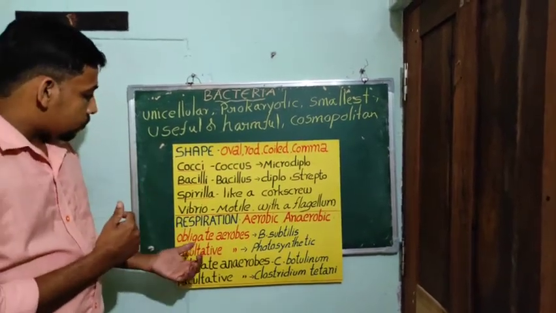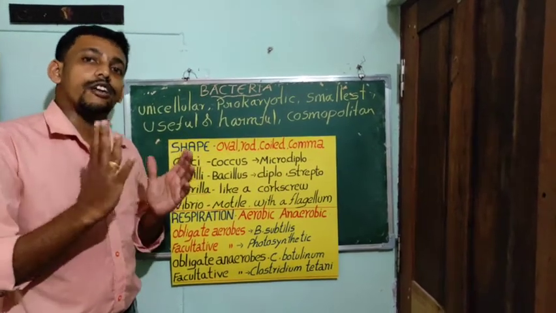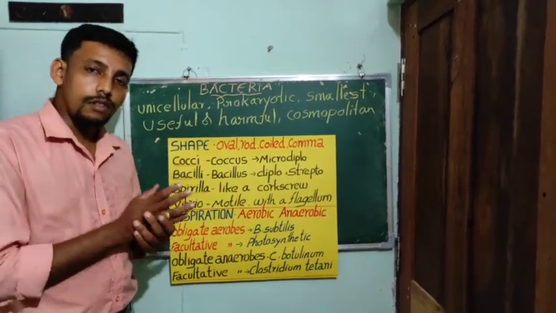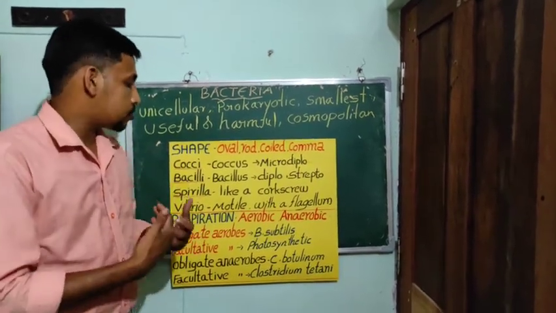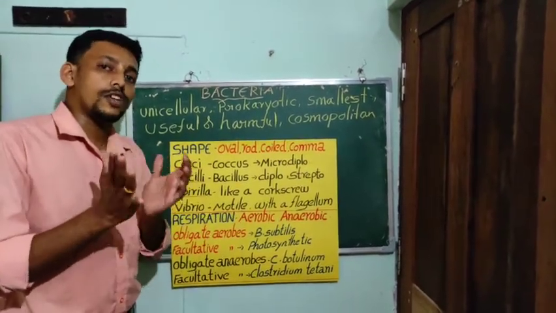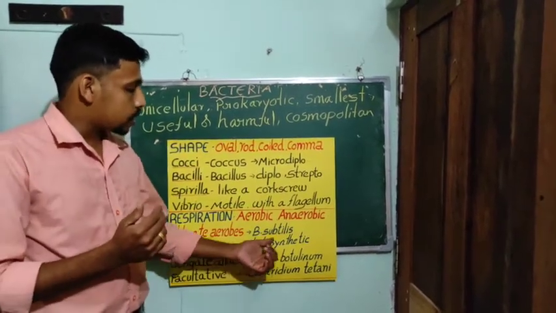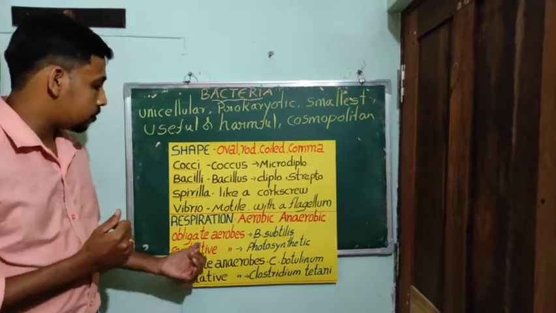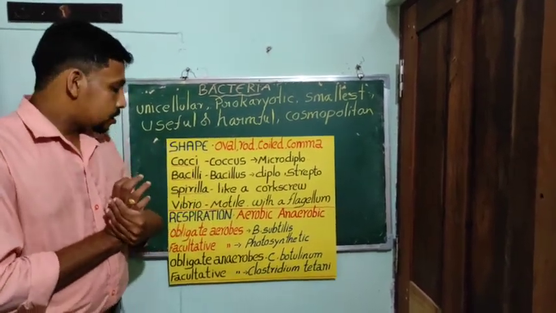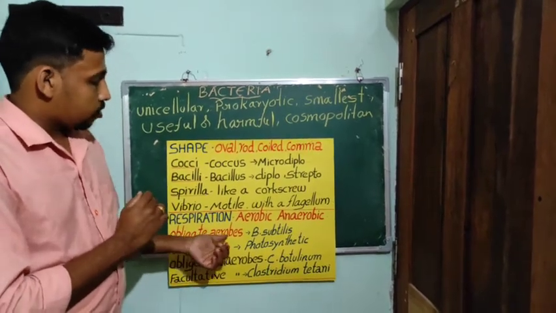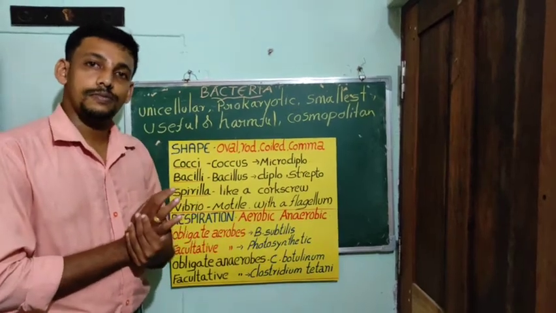But in the case of facultative aerobes, under normal conditions they are anaerobic, but when oxygen is available, their mode of respiration may be aerobic respiration. For example, the photosynthetic bacteria show facultative aerobic respiration. An example of obligate aerobes is Bacillus subtilis.